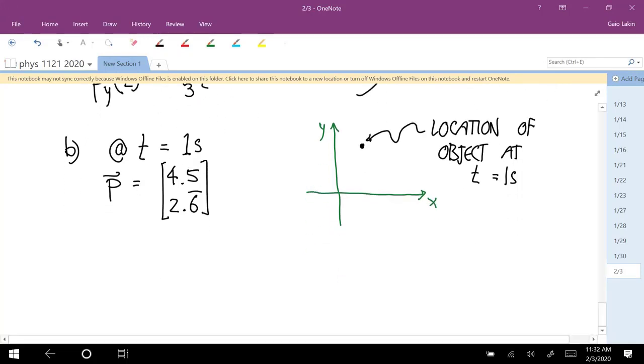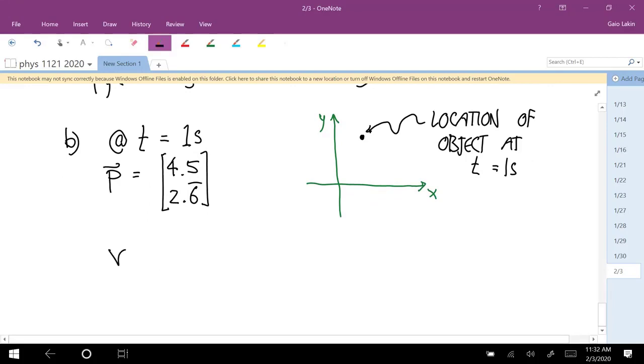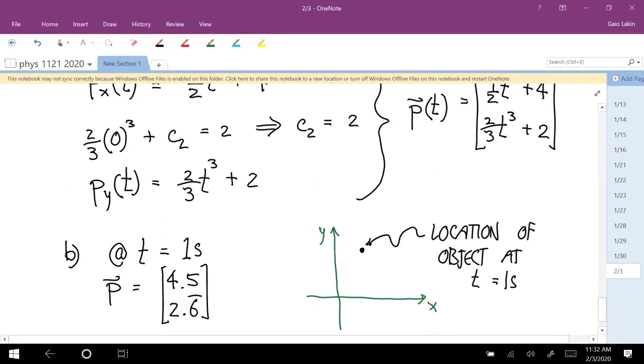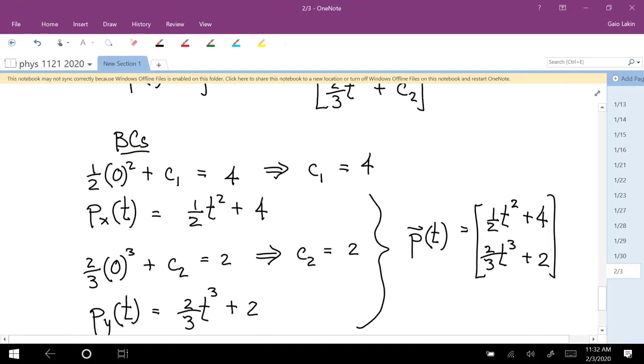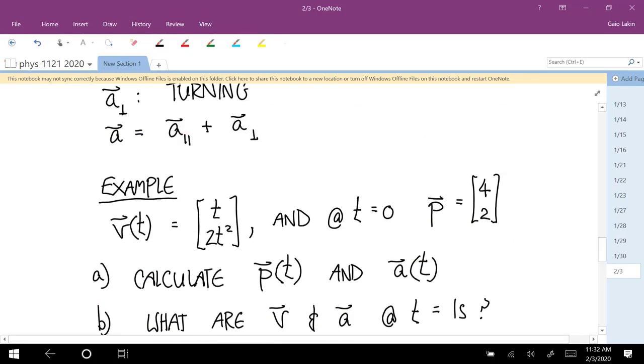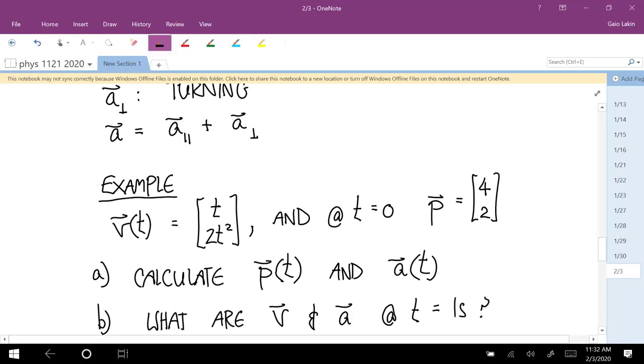Now the velocity at time equal 1. Okay, so now let's plug 1 second in for our velocity function. That was what was given in the problem. Plug in 1 second for the x component, you get 1. Plug in 1 second for the y component, you get 2.